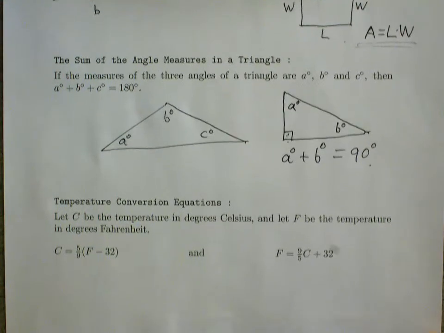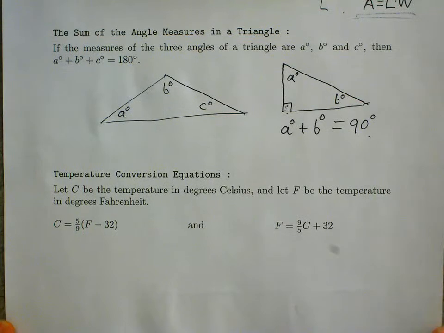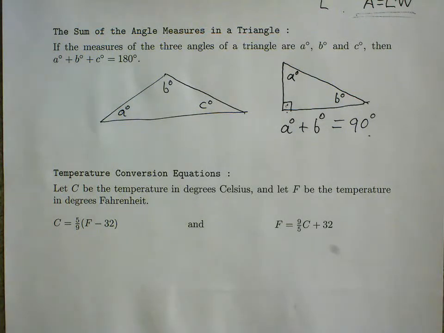Okay, a couple of formulas involving temperature. In North America, there are more than two ways, but the two most common ways to measure temperature are degrees Celsius, like they do in Canada, or degrees Fahrenheit, like they do in the United States.